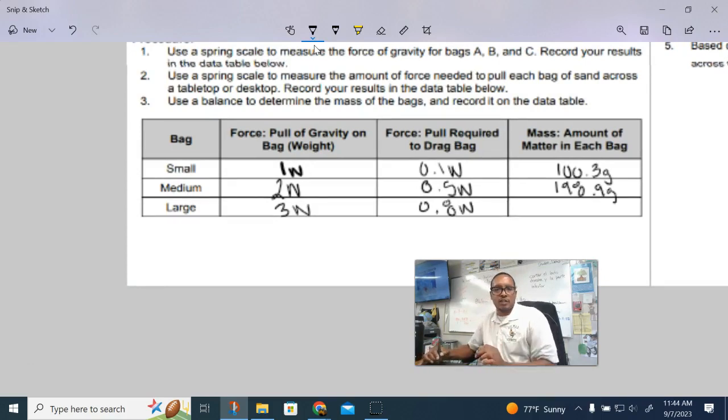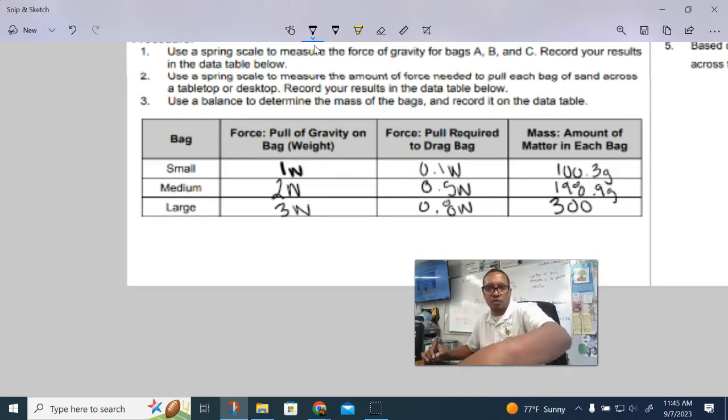Now, just based off this, when it's 1 newtons, it's just about 100. When it's 2 newtons, it's really close to 200. So I'm gonna guess that this one right here, just based on the data, is going to be 300, because it looks like it's about 100 grams per newton. You guys see that right there? Based on the data, it looks like that's probably going to be 100 grams per newton.